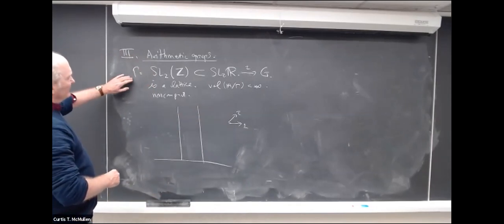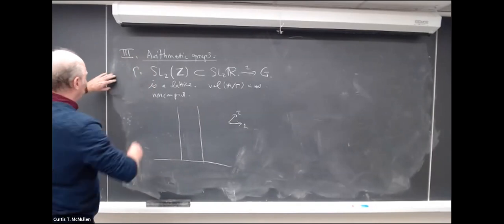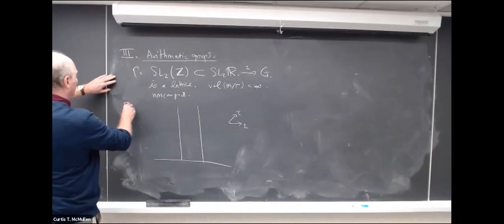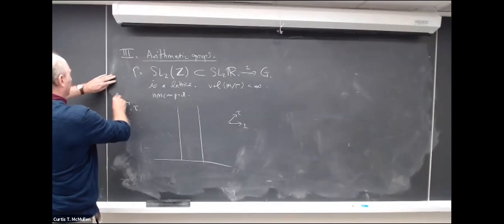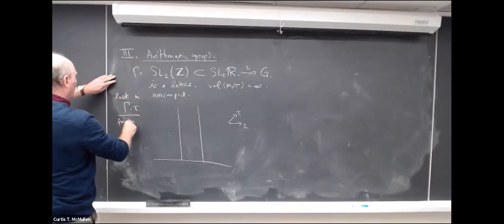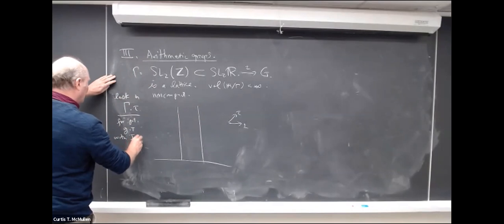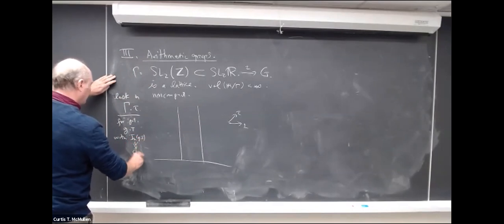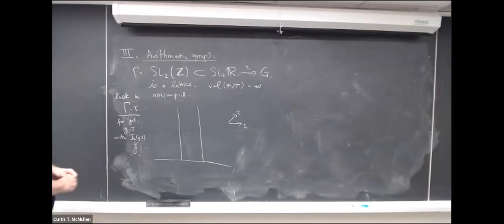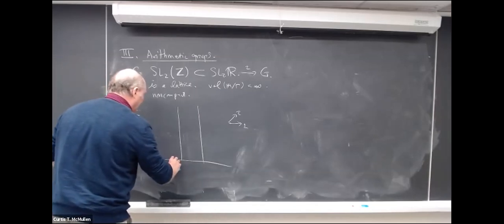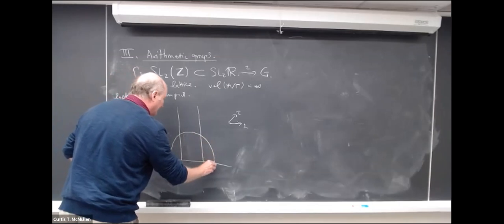So what we can try to do is inside of gamma dot tau, we look in this full orbit for the point g dot tau with its imaginary part as large as possible. And that is how we construct a fundamental domain for the action of this group.